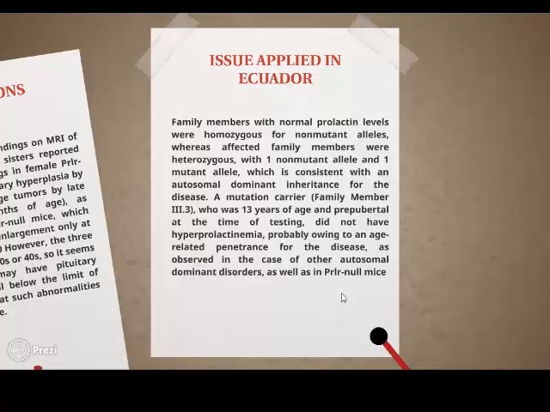A mutation-carrying family member 3, who was 30 years of age and prepubertal at the time of testing, was diagnosed with hyperprolactinemia, probably owing to an incomplete penetrance for the disease, as observed in the case of other autosomal dominant disorders, as well as in PRL mice.